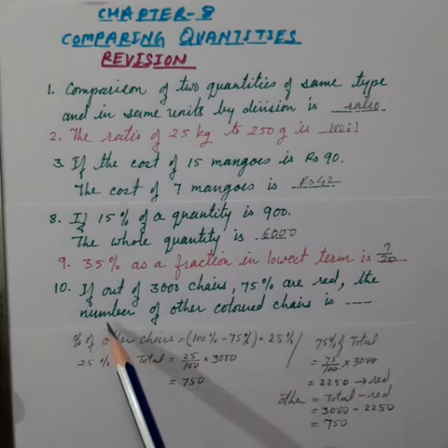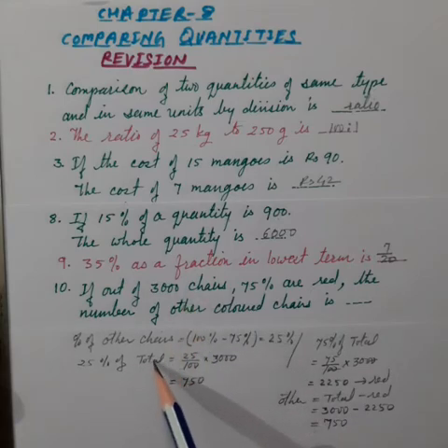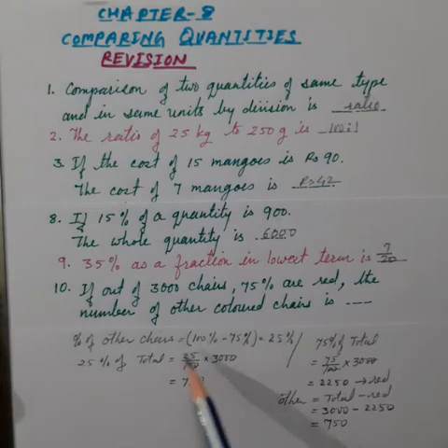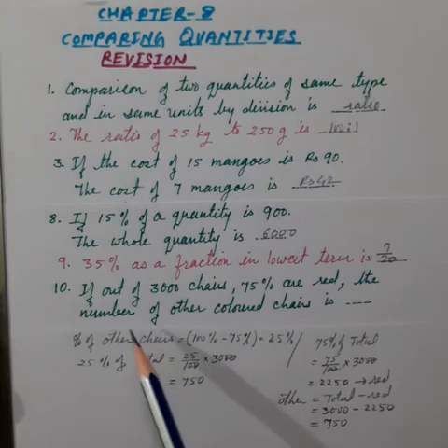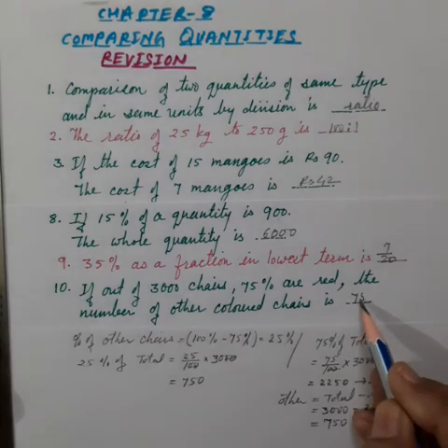To find the number of other colored chairs, we have to find 25% of the total number of chairs. 25% of 3000. Solve this. 100 and this 100 cancel. 25 30s are 750. So the number of other colored chairs is 750.